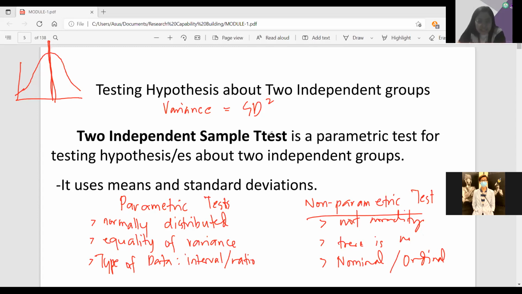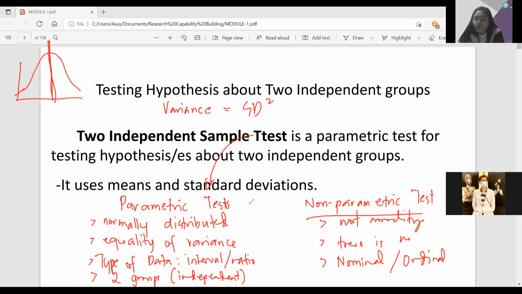Okay? Now, the t-test is under the parametric test. Therefore, before you can really use that, you need to have a normally distributed data. There should be equality of variance, and your data should be interval or ratio scale. And aside from that, since this is a t-test, you will have two groups that are independent from each other.